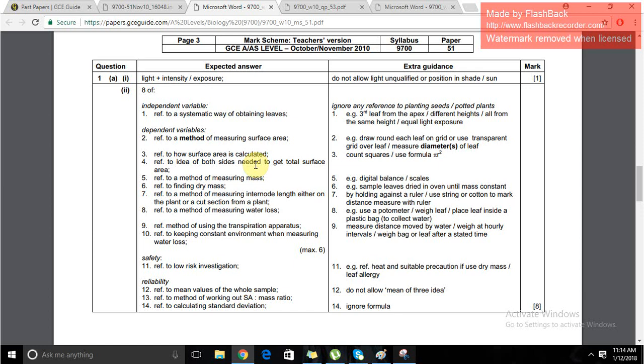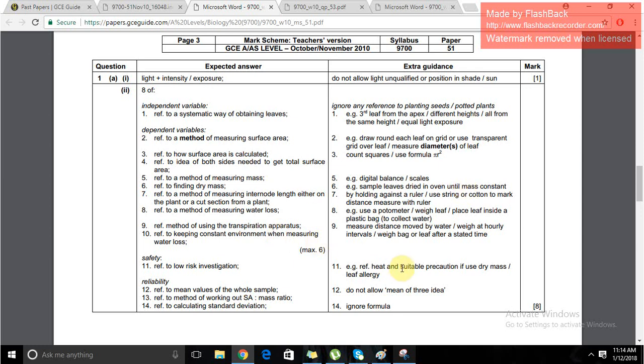Reference to a method of measuring water loss. Use a potometer, weigh leaf. This is what we went with. Place the leaf inside a plastic bag to collect the water that is transpired. Or use transpiration apparatus. Measure distance moved by the water, or weigh at hourly intervals, or weigh bag or leaf after a stated time.